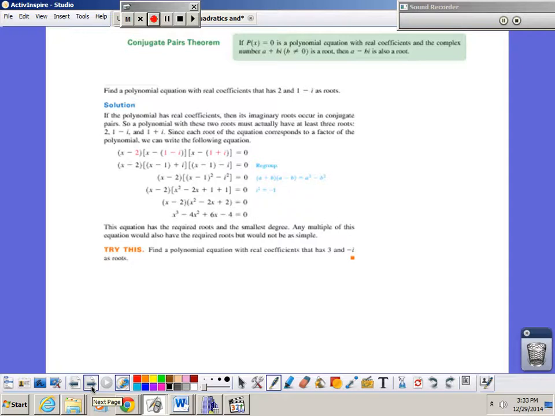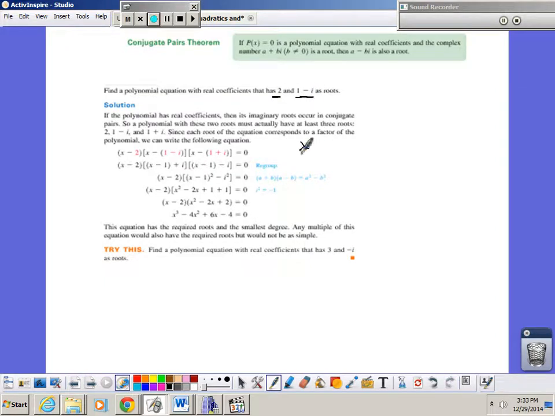Okay, conjugate pairs theorem. For a polynomial with real coefficients, if the complex number a plus bi is a root, it will also have a minus bi as a root. They come in pairs. Imaginary numbers, complex roots come in pairs. So here they told me I had a root of 2 and 1 minus i.